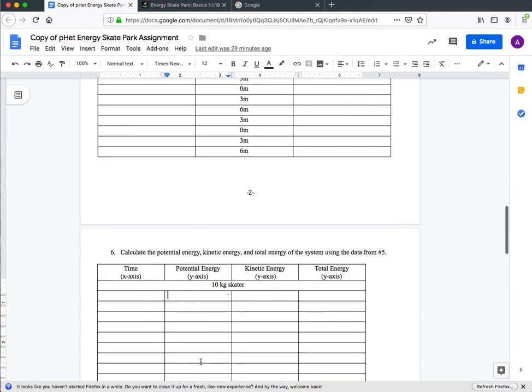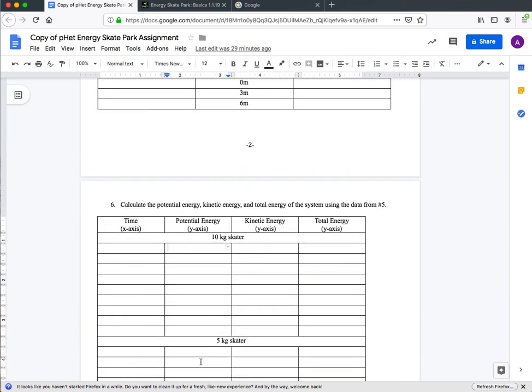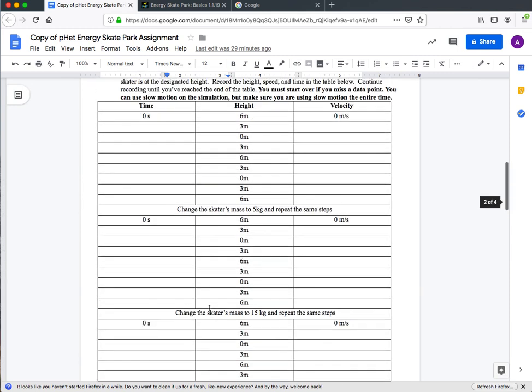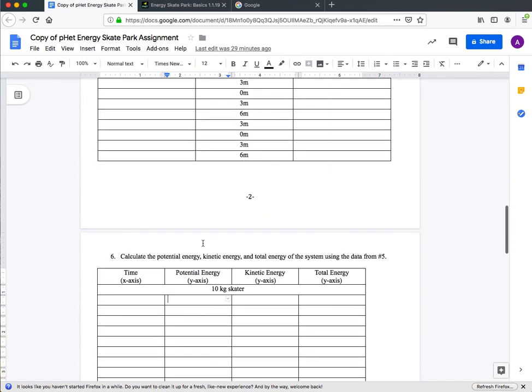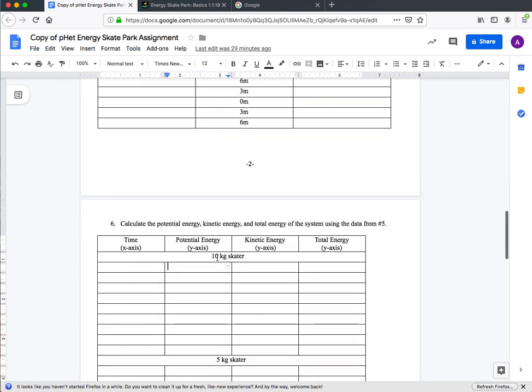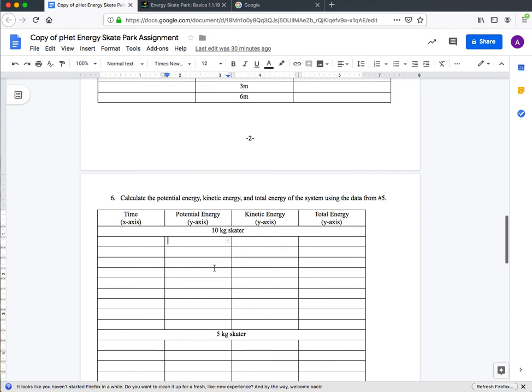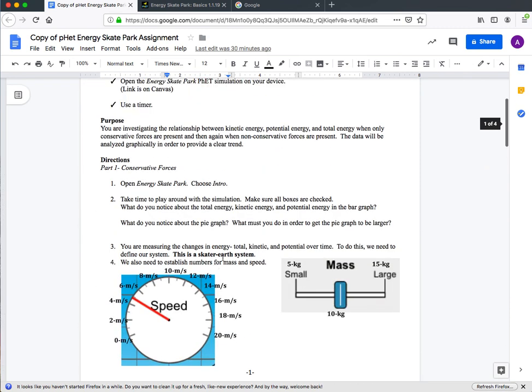Potential energy, if you look in your notes, is mass times gravity times height. Well, for the first scenario, they told me a 10 kilogram skater. So mass is 10 for that first scenario. And I've actually separated them here so you can kind of see where those different masses are. So it's 10 for the mass times gravity. Well, I scroll up, this is an Earth skater system.